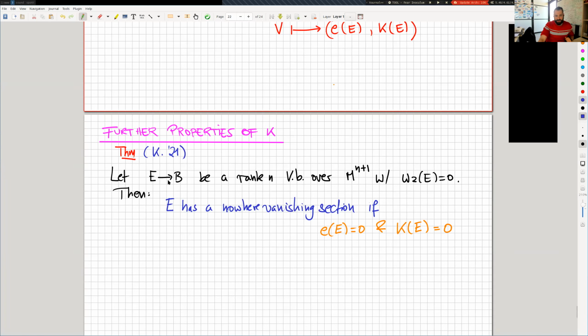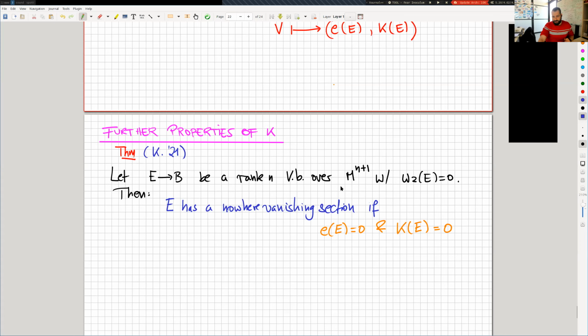So if we reduce the rank of the vector bundle with respect to the dimension, so we go one further, the Euler class being 0 doesn't mean that there is always a non-vanishing section. In topology, we say there's another obstruction. So we need another invariant which tells you, if this is 0, then it has a non-vanishing section, and this is exactly this kappa.